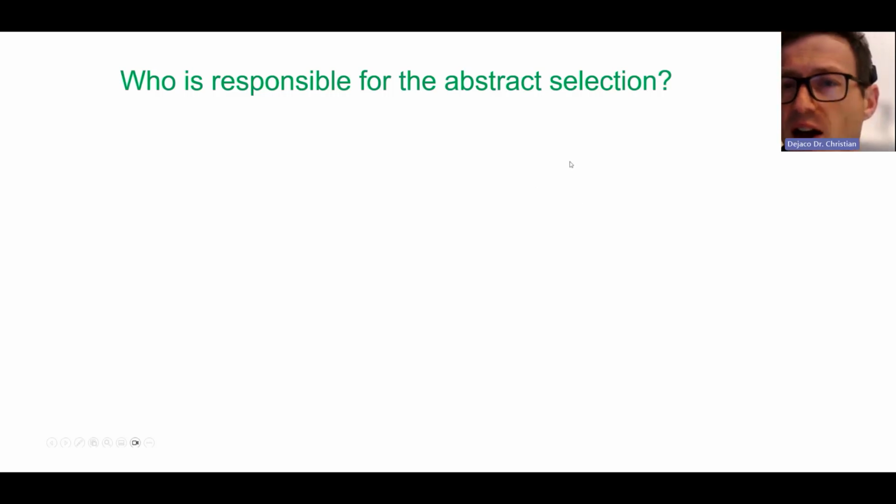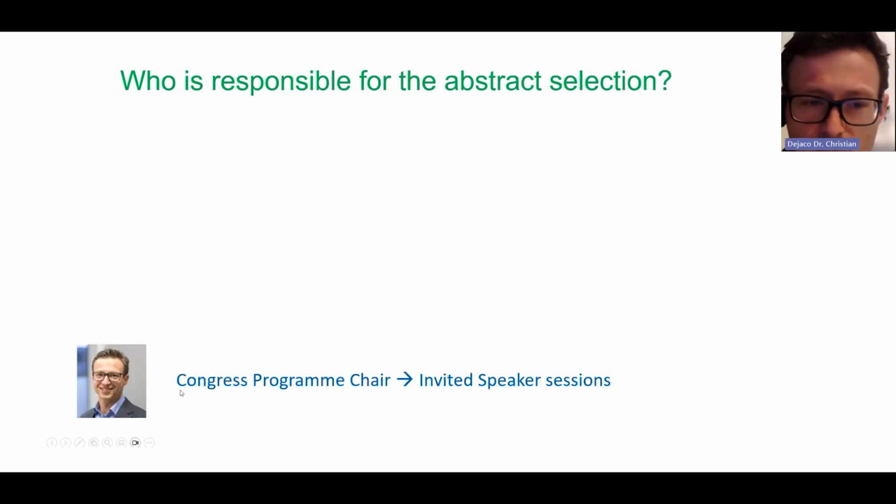So how does the abstract review and selection process work? Even though I'm giving this talk, I'm not directly responsible for the abstract selection. I was last year, but this year I'm the chair of the program, and so I'm mainly responsible for the invited speaker sessions.